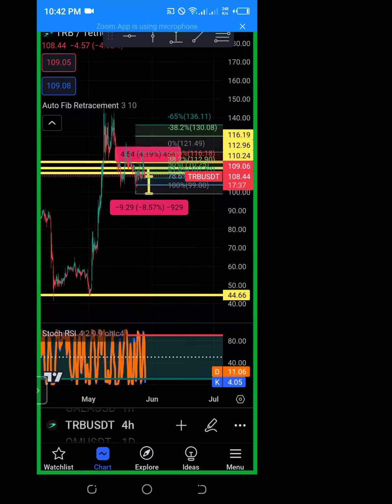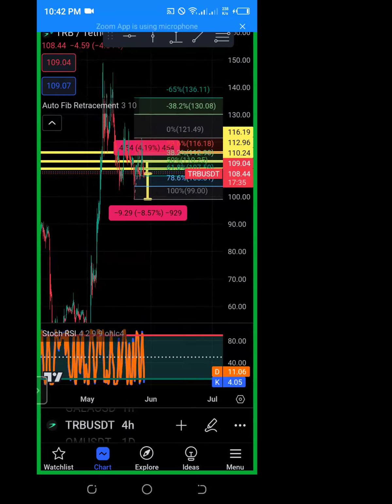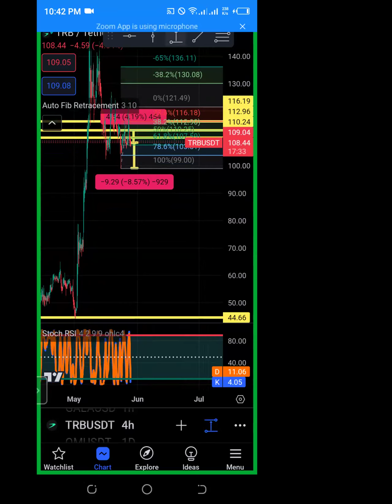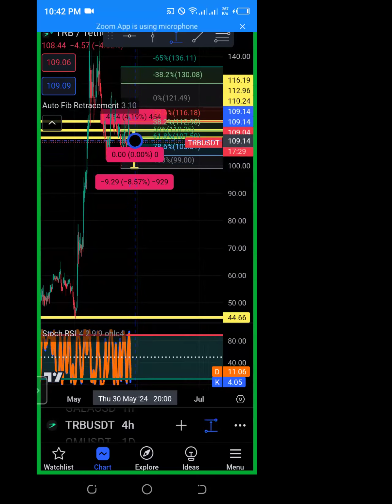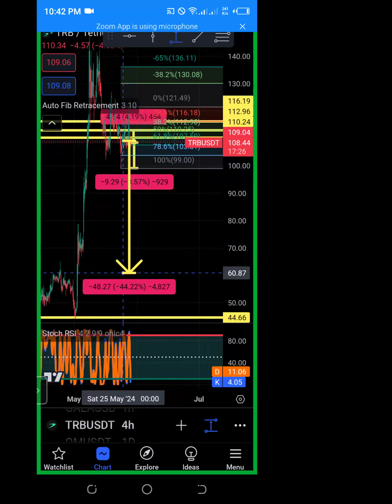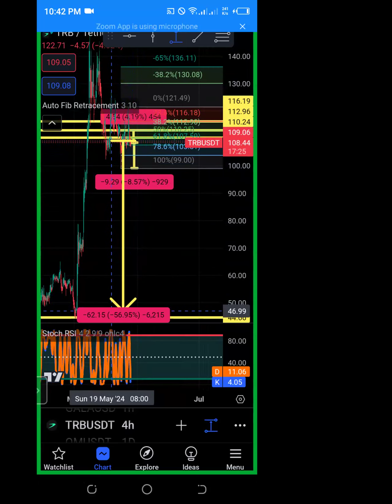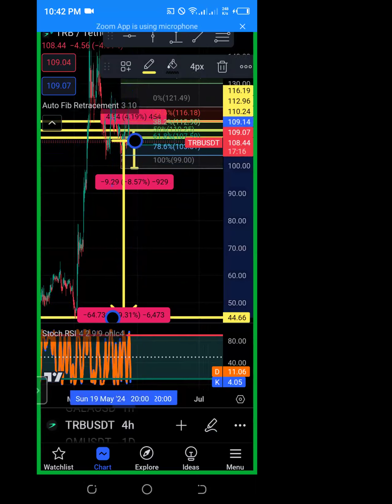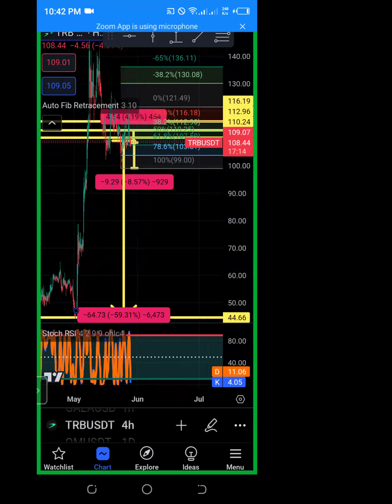Okay, so it's a bit big. And from here up to here, it's almost 60%. So you should have more capital to allow the robot to buy the dip.